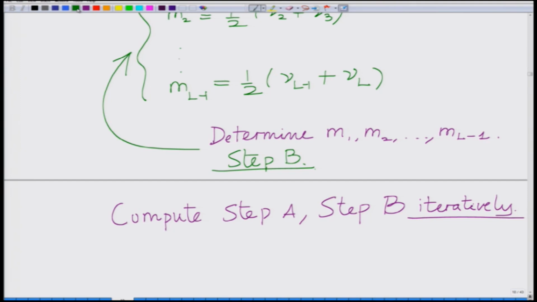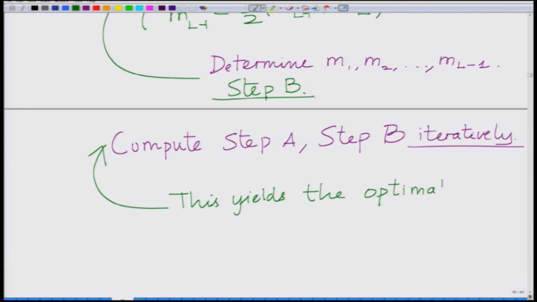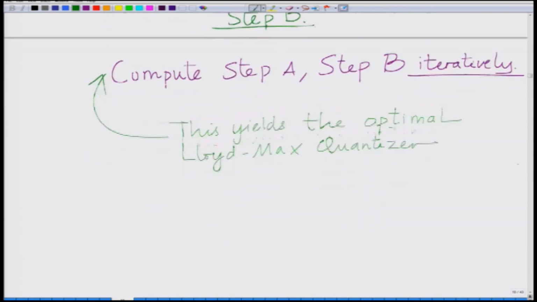Multiple iterations yield the optimal Lloyd Max quantizer.